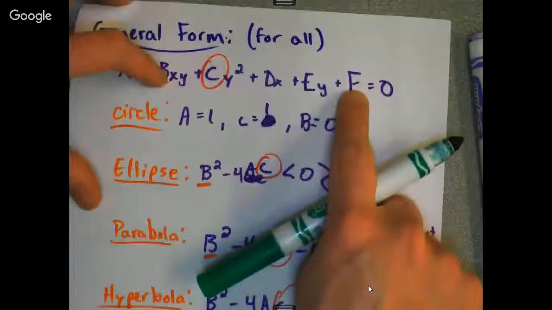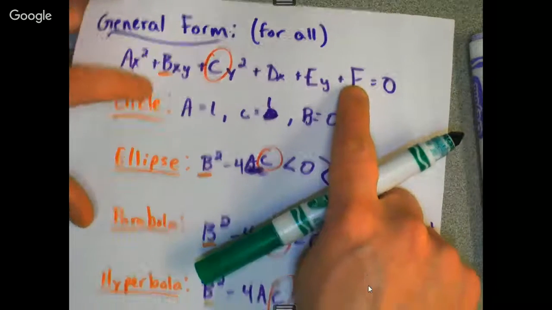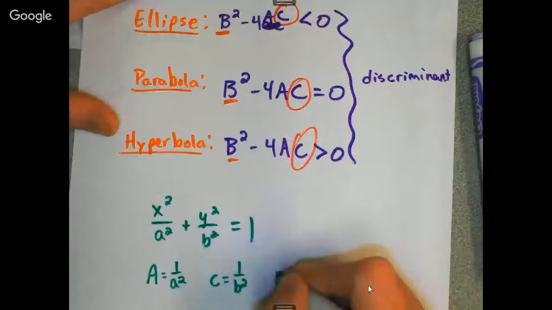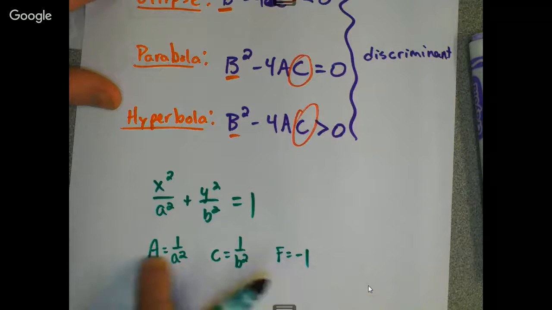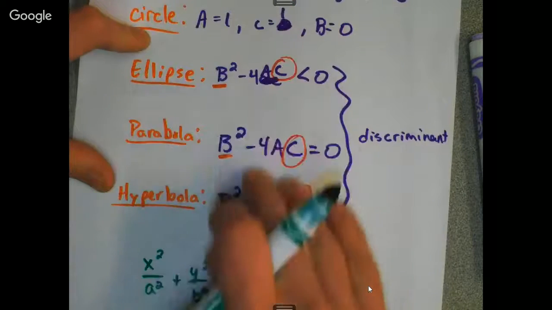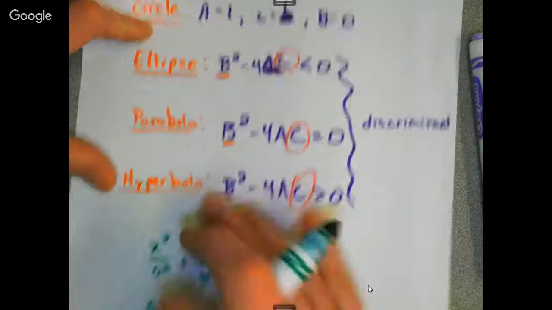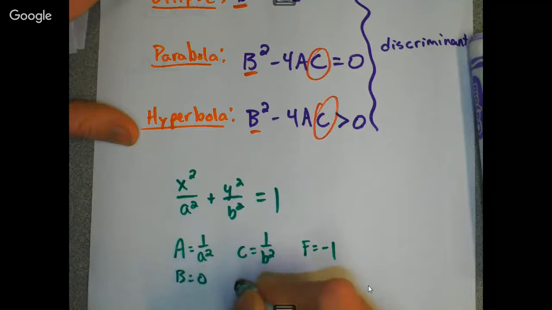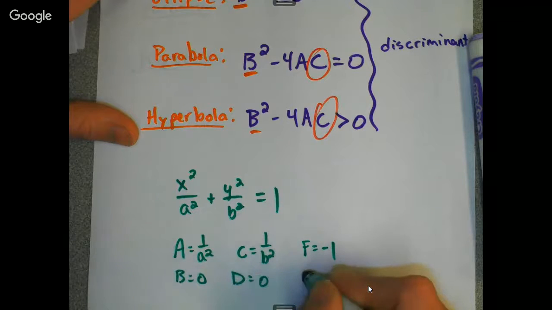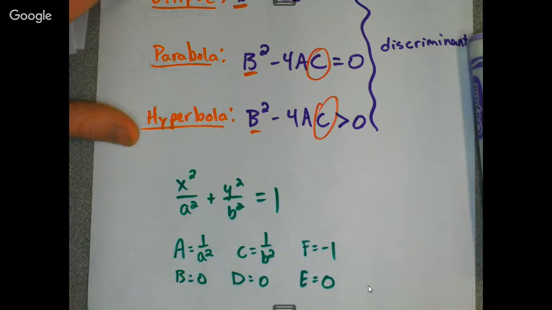And F is my constant, so F is -1 because you have to move it to the other side. Capital B is 0, D is 0, E is 0. Everything else is 0.